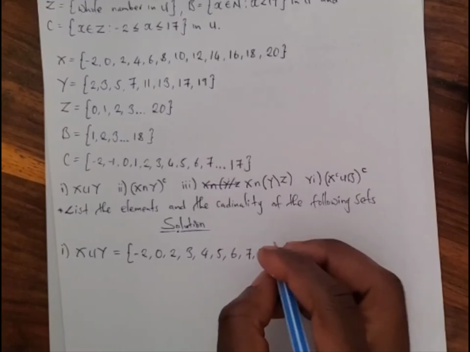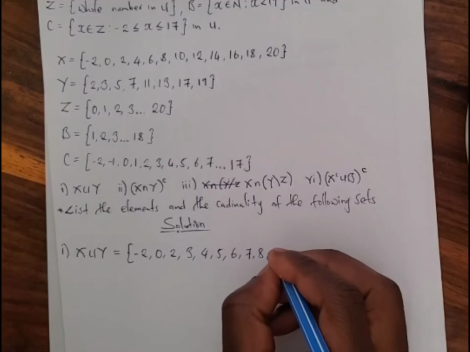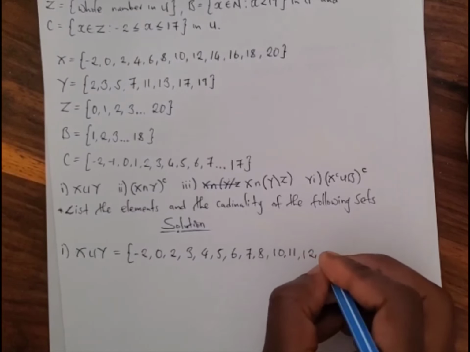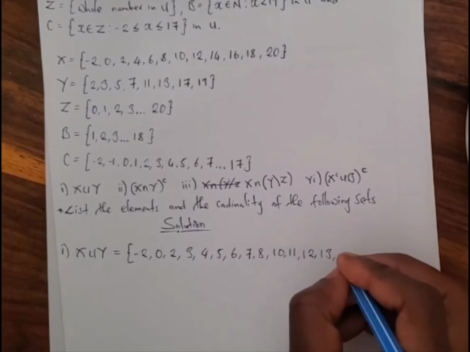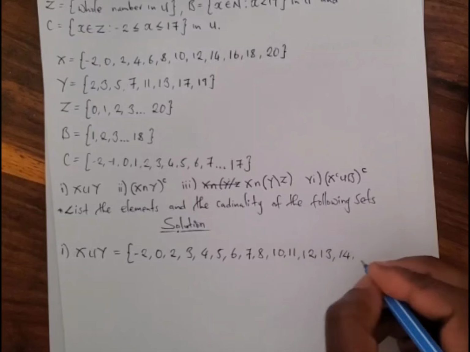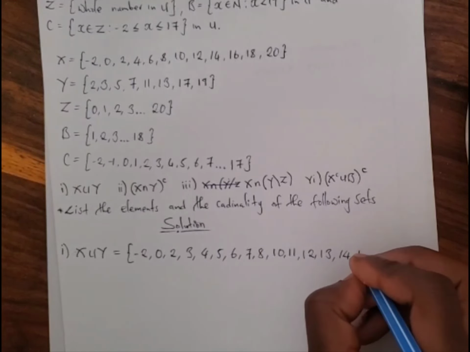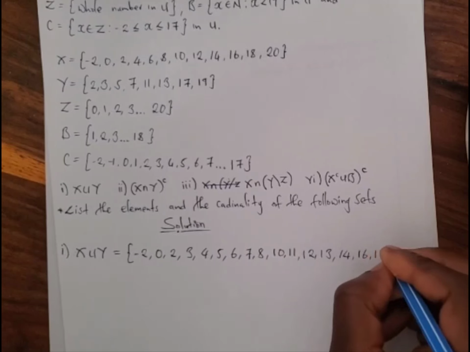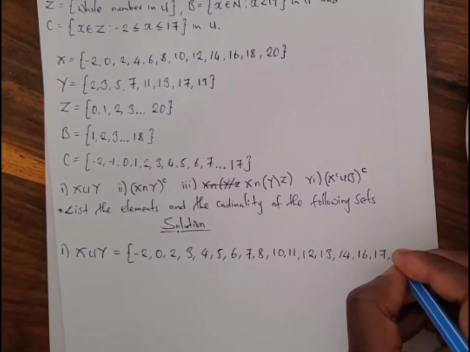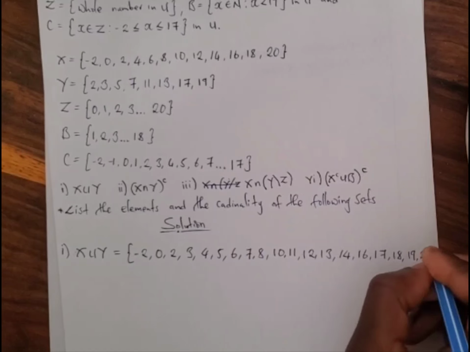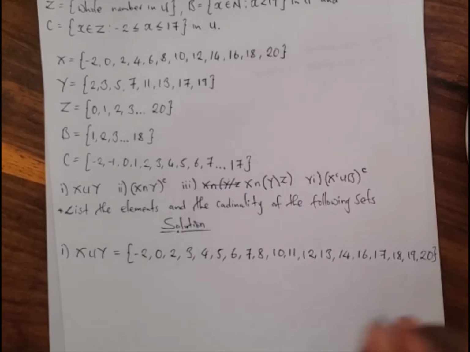We don't have 9, so we go to 10, 11, 12, 13, 14. We don't have 15, we have 16, 17, 18, 19, and 20. So that is our X union Y.